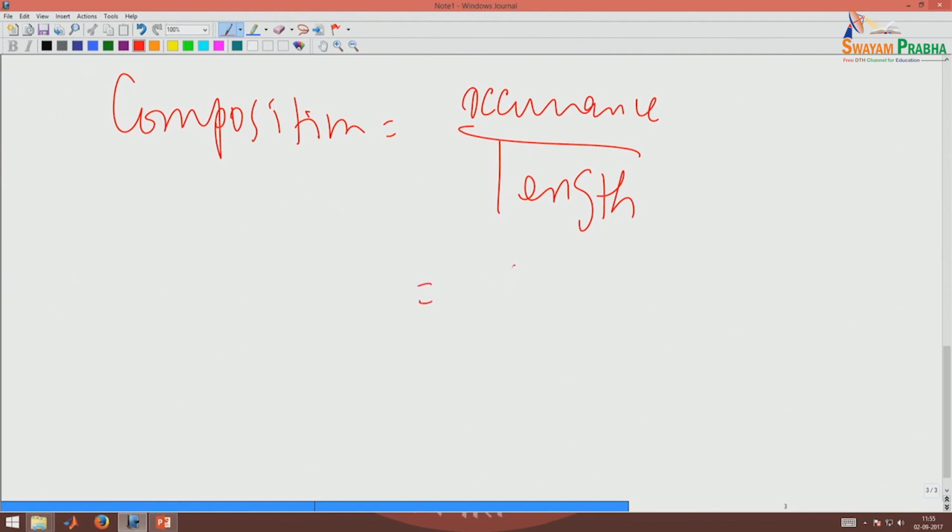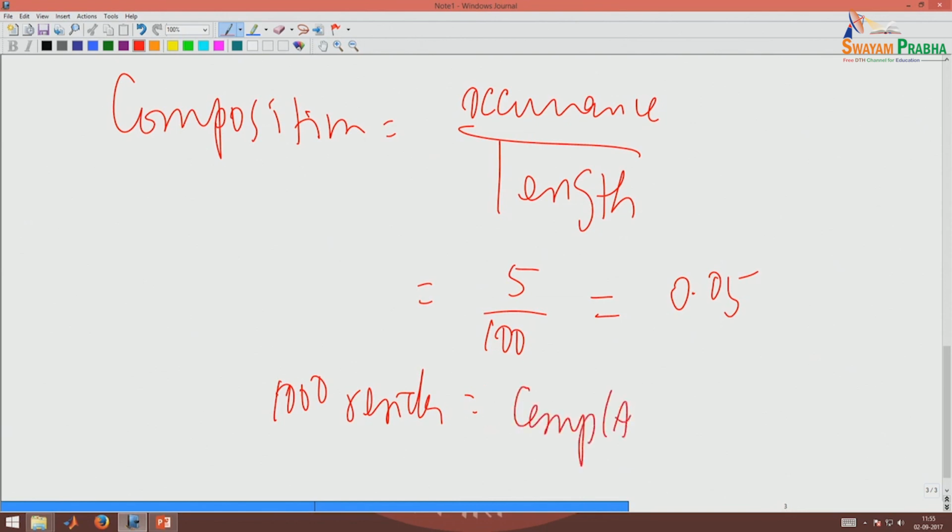This is 5 by 100, which equals 0.05. For the second case, you have 1000 residues. So, what is the composition for alanine? 50 by 1000, right, this equals 0.05.